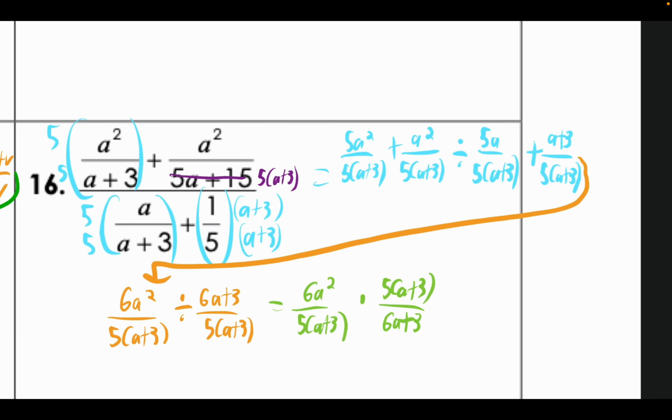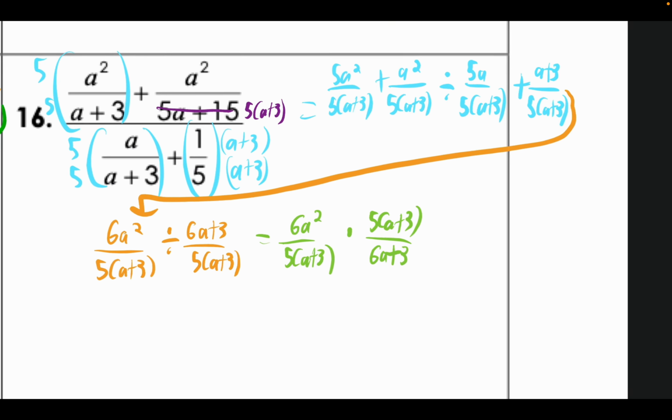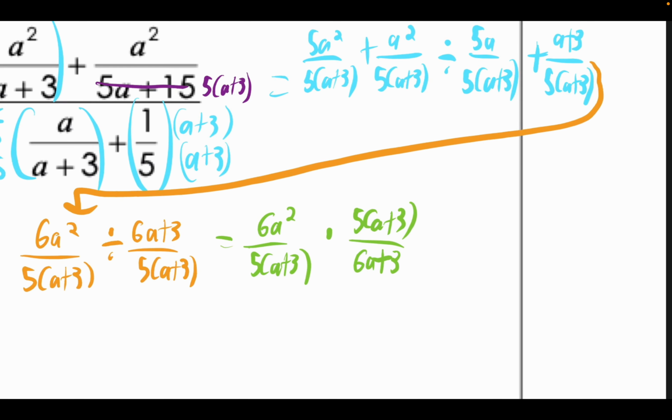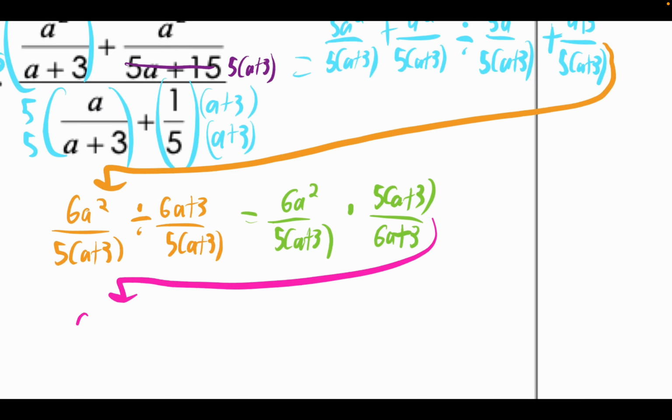So I had to actually factor the bottom right a little bit. The bottom right will factor out a GCF, and become, I'll just write it again, 6a squared over 5 times a plus 3, next fraction, 5 times a plus 3, and now the bottom factors into 3 times 2a plus 1.